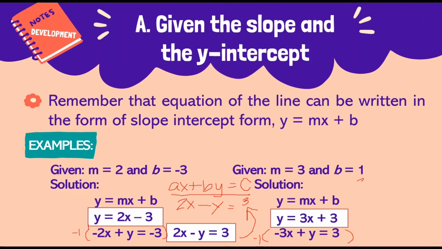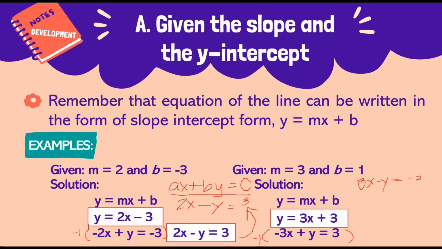We have positive 3x. Sorry for the handwriting. I hope it is still understandable. And then, negative 1 times positive y, we have negative y. And then, is equal to negative 1 times positive 1, we have negative 1.